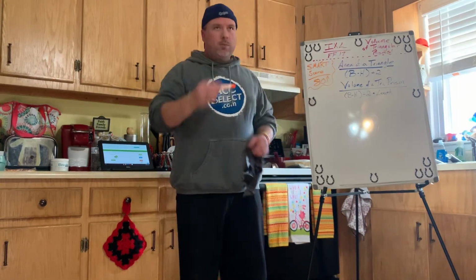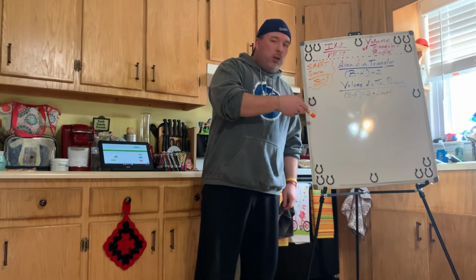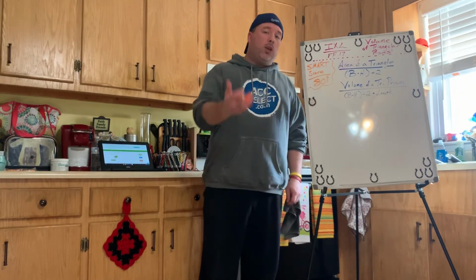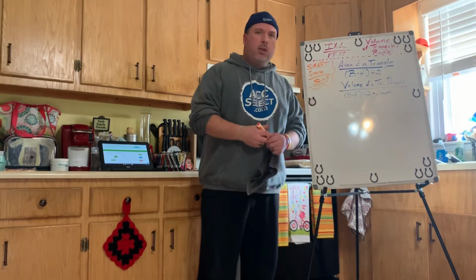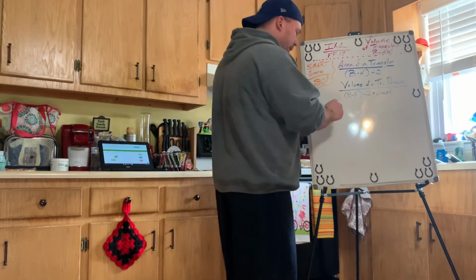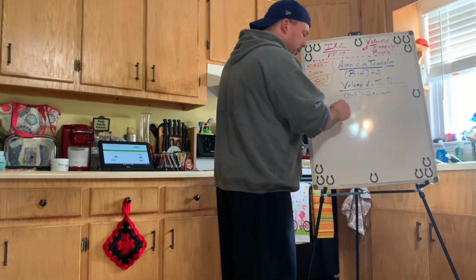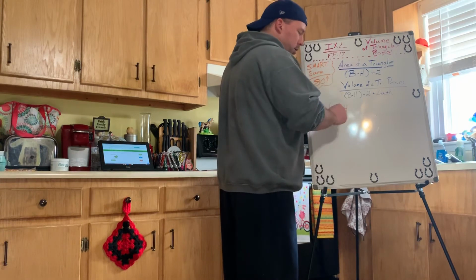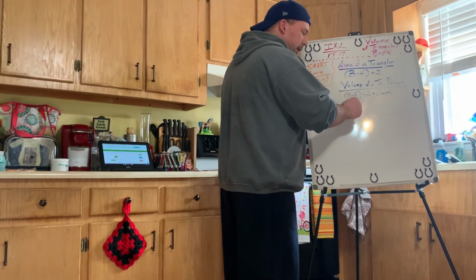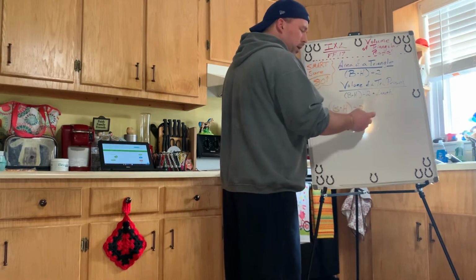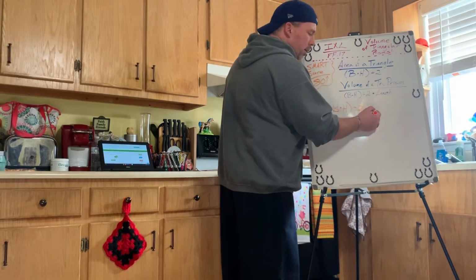Hey, Johnson, do we actually have to have a picture of the triangular prism? Can you just use the numbers that you see? Well, of course. Remember the formula. Base times height, cut that in half, so divided by 2, multiplied by the length.